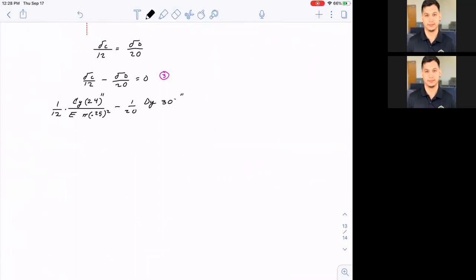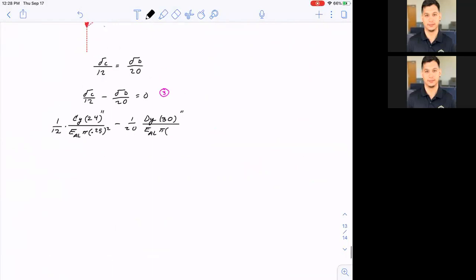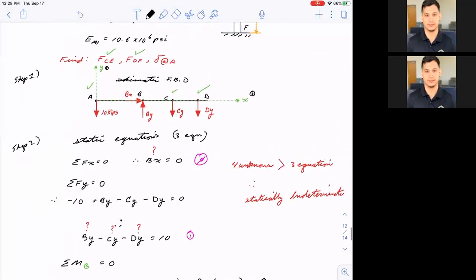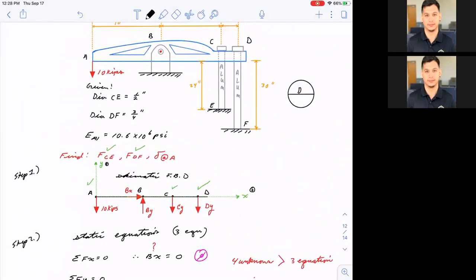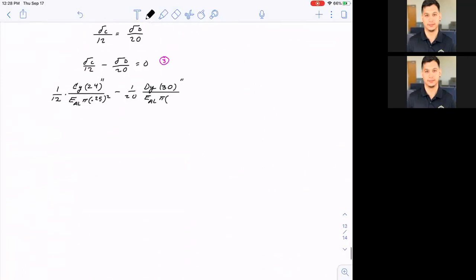30 inches divided by E. Remember, it's E of aluminum. And then let's see what this is, pi, and let's see what R is for D. R for D is 3/4, which is 1/2 of 3/4.